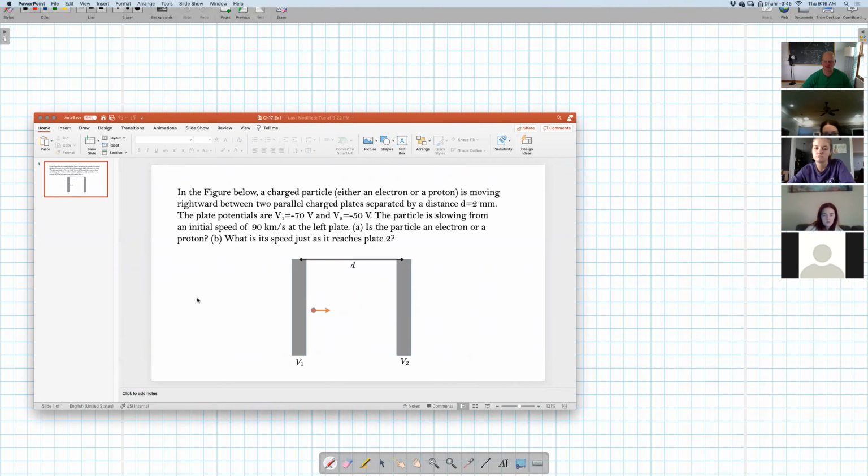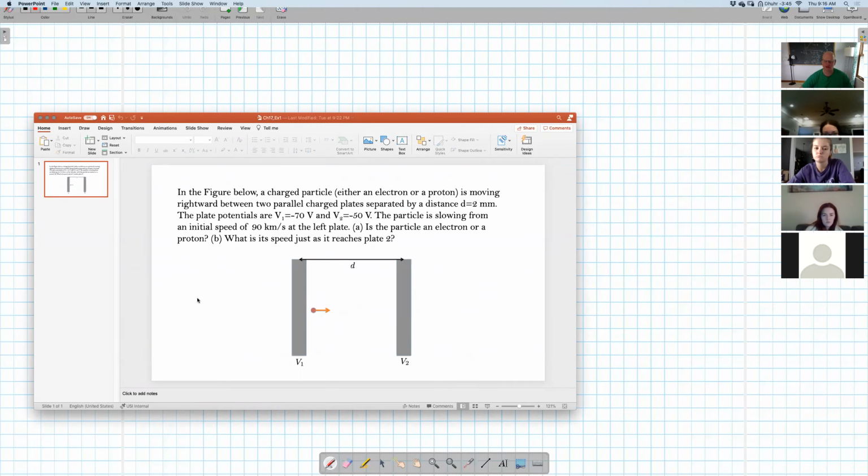So here, the change of potential, it's actually positive. It's final minus the initial, so delta V is V2 minus V1, which is a positive 20 volts. And all that has to equal 0.